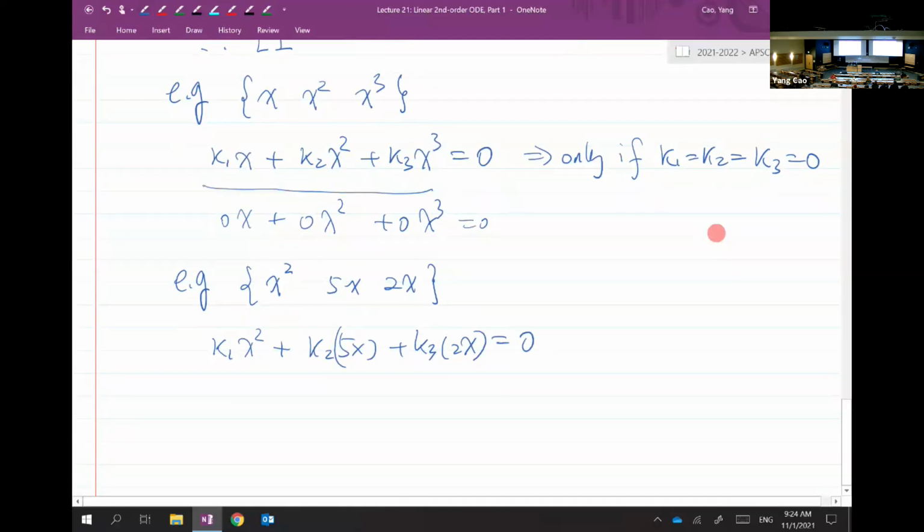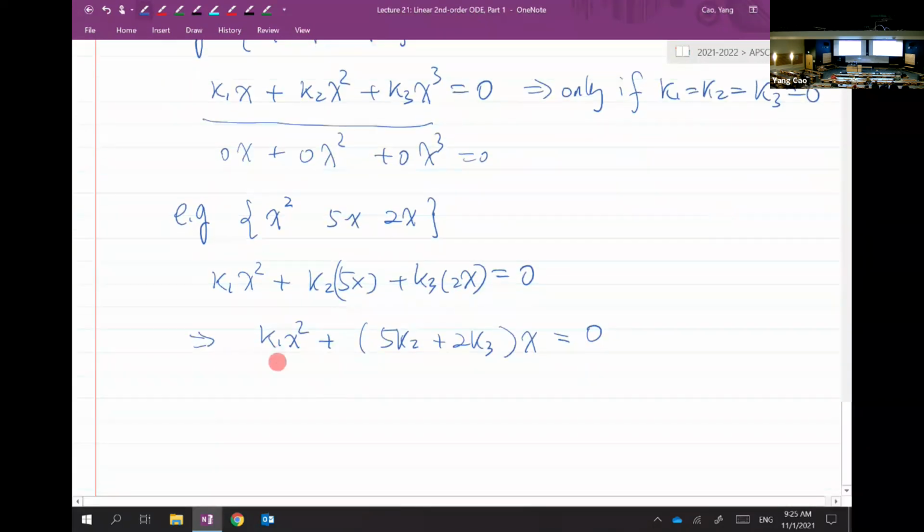And then you can combine the common terms. Here x is a common factor. You get 5k2 plus 2k3 times x equal to 0. And then you're trying to make this expression 0.